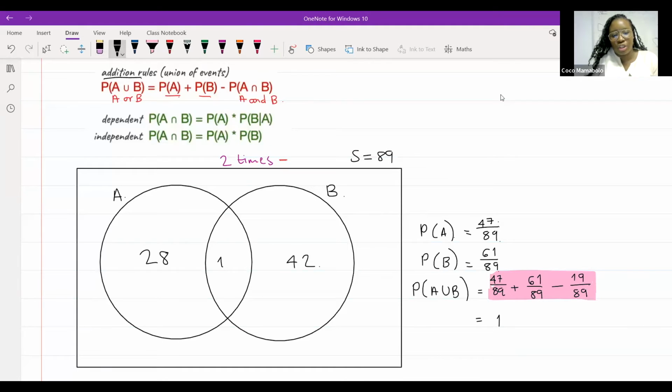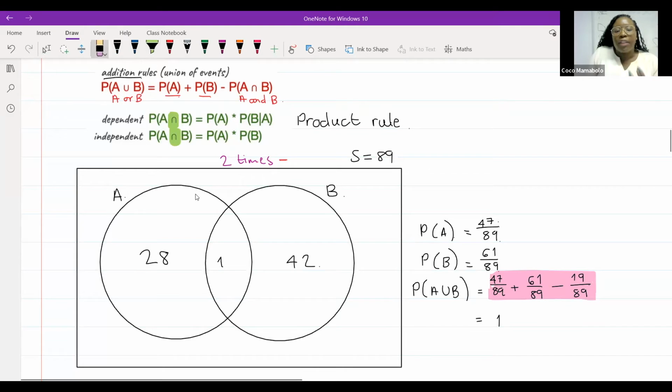This is the addition rule, and these two down here are called the product rule. I want you to write them down, the ones in green. What the product rule does is it helps us to calculate the intersection, the probability of A and B.